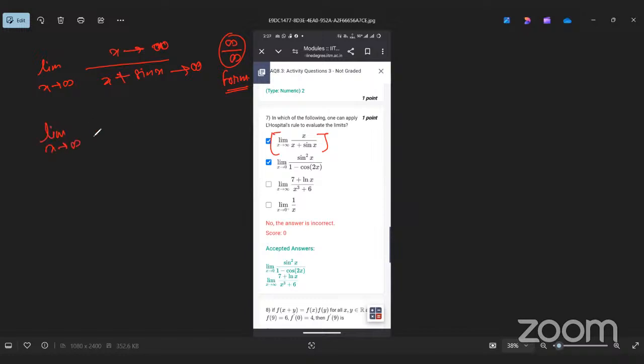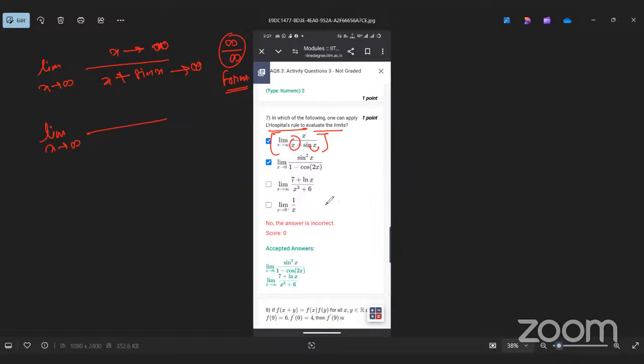So which of the following can we apply L'Hospital rule to evaluate? Okay, now I got it. I think this option should be true, because we can apply L'Hospital rule. Here x is there, so x will take care of going to infinity, although the value of sine will be between 1 and -1.